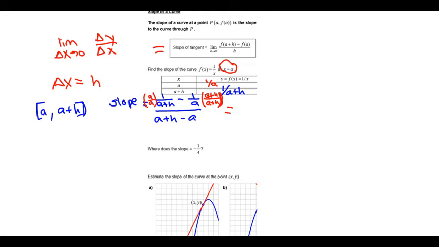So that gives us a over a times a plus h for one end, minus a plus h over a times a plus h. And then down at the bottom, the two a's will cancel out and we'll just have h.